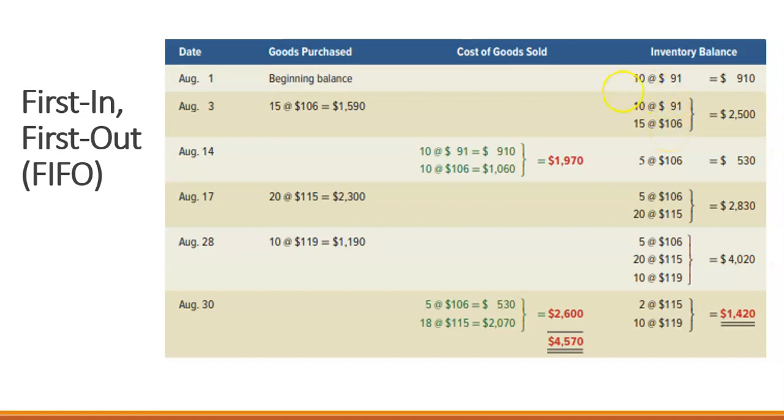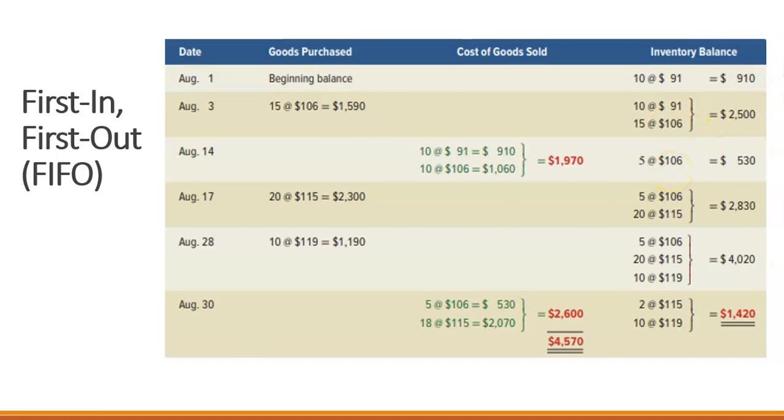When we sell inventory, we have to sell these 10 first. So the 10 at $91 that were in our beginning inventory are the first ones we're going to sell. In the sale on August 14th of 20 units, we're going to do the 10 at $91 first, and then the 10 at $106 second, leaving us 5 at $106.